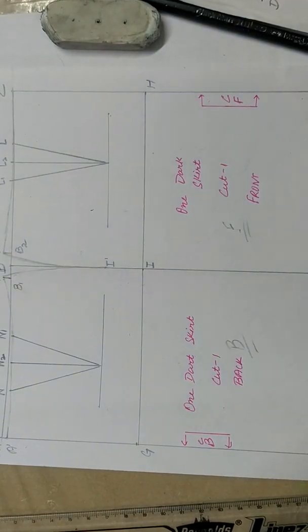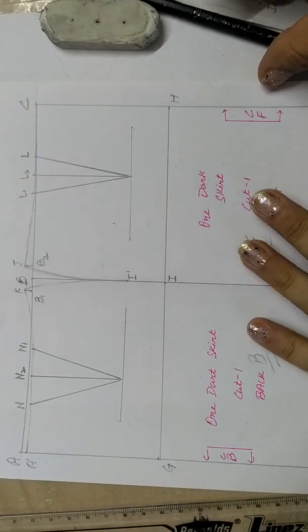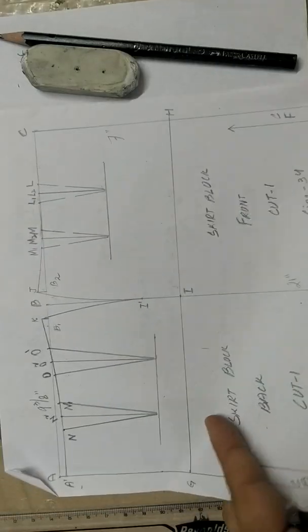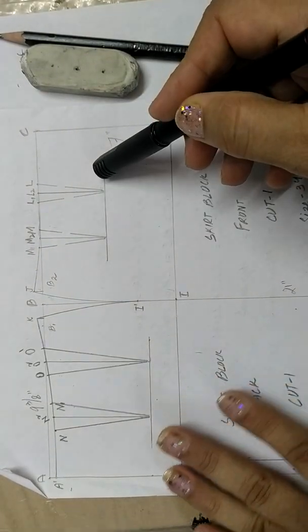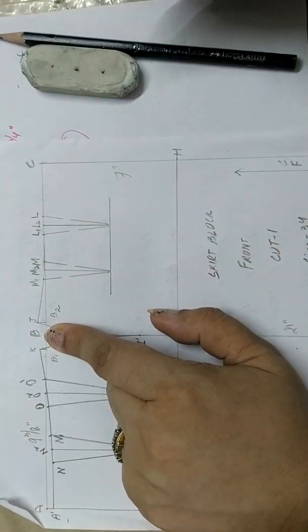Now when we compare this with the method that's in your book, you would find that in that method they're saying that you first develop a skirt block like this that has 2 darts. Now after developing the skirt block you measure CJ, we did that.